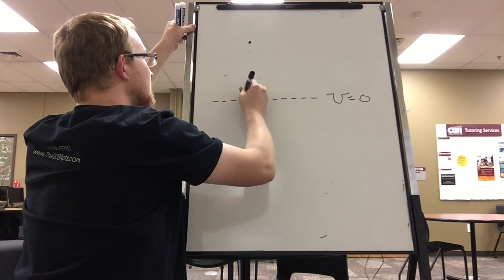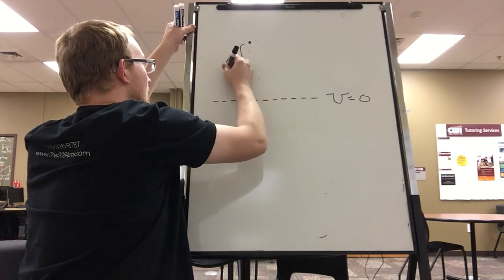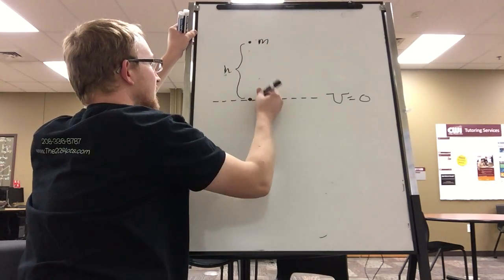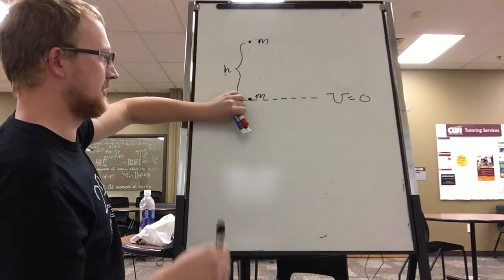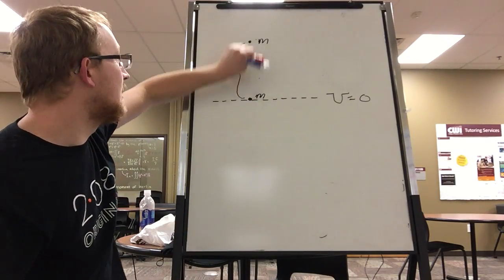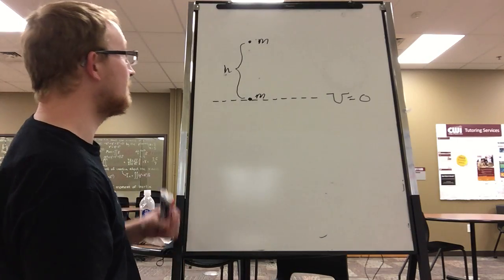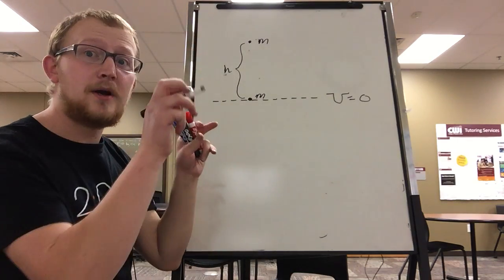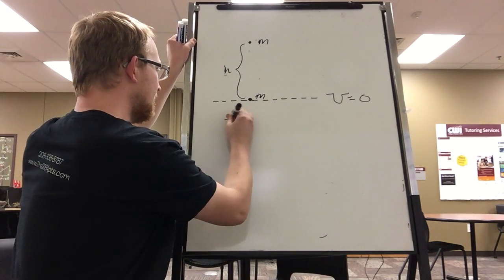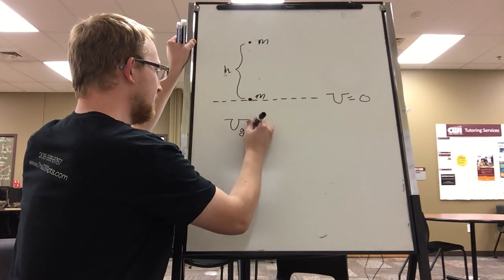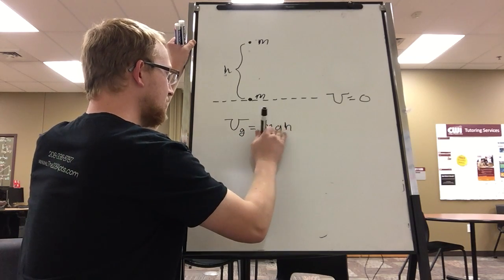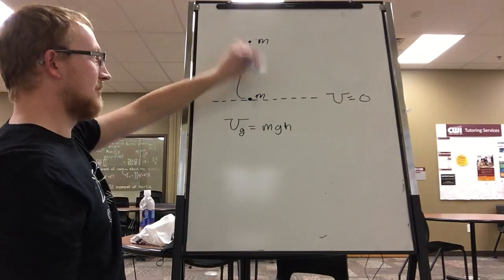Well, what if I grab this ball and I pick it up and I put it up here? So I've gone some vertical distance, we'll call it h, and now my mass is up here. It started down here, and I had zero potential energy. Then I moved it up there, and in doing so, I did work in the gravitational field, and the amount of work I did, and thus the amount of potential energy we've given the ball, or potential energy due to gravity, is equal to mgh, where h is the vertical distance that I move the ball.